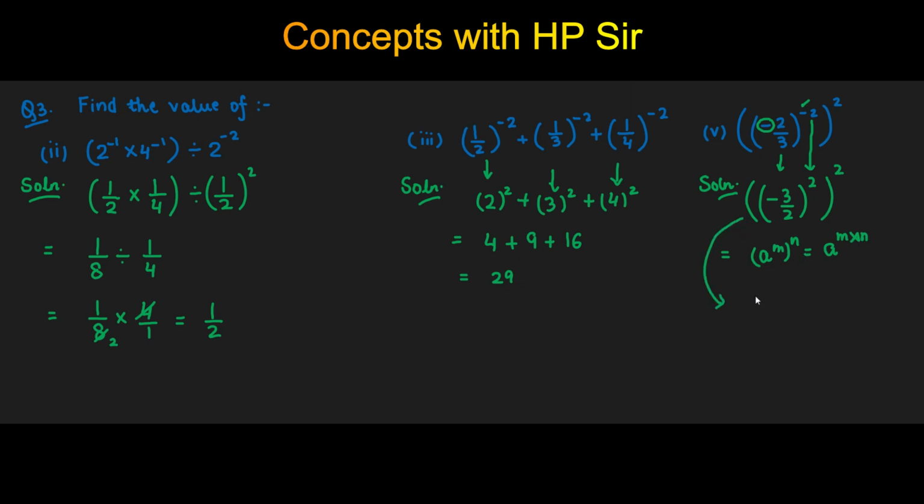Hence this can be written as minus 3 by 2 to the power 2 into 2, that is equal to minus 3 by 2 to the power 4, which is equal to minus 3 into minus 3 into minus 3 into minus 3 upon 2 into 2 into 2 into 2. So that is 81 upon 16. So that will be the final answer. Okay.